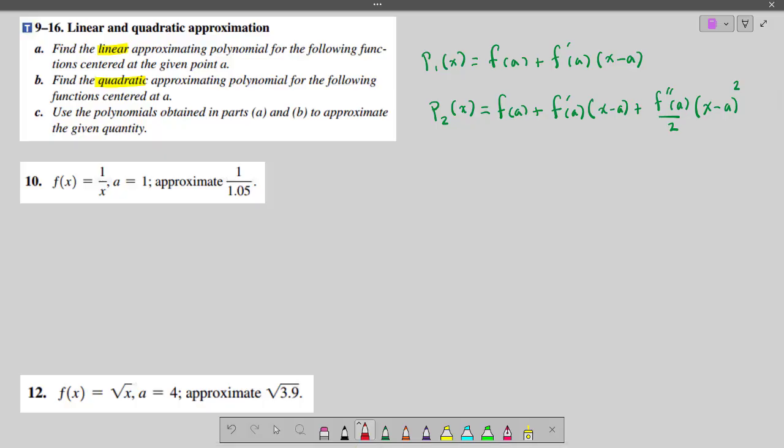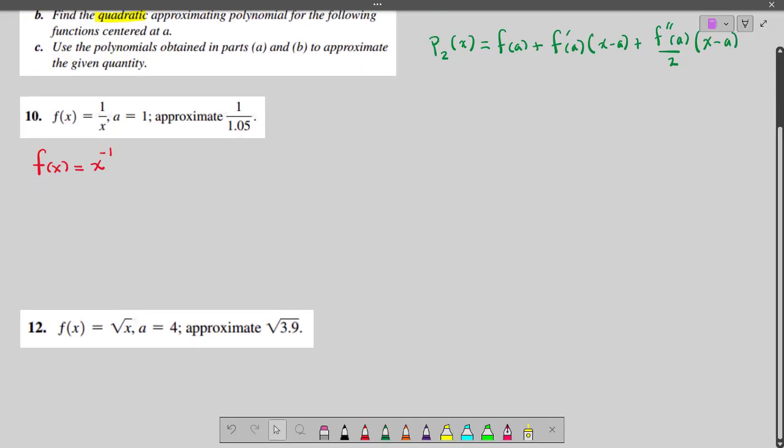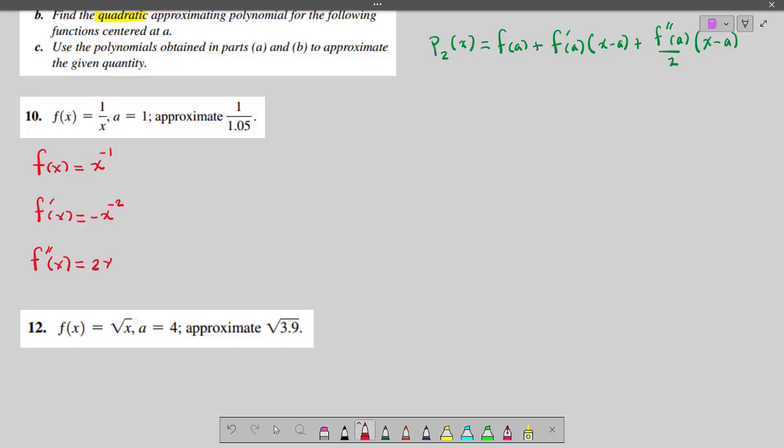There's our function. I like to do this as if I'm building a table. So I start with the function, and we need to get down to its second derivative. I'm going to write the function with a negative exponent because that's the easiest way to take derivatives repeatedly. So there is the function, its first derivative, its second derivative.